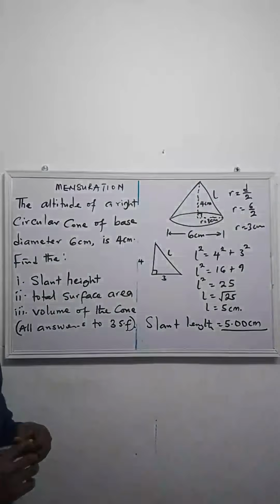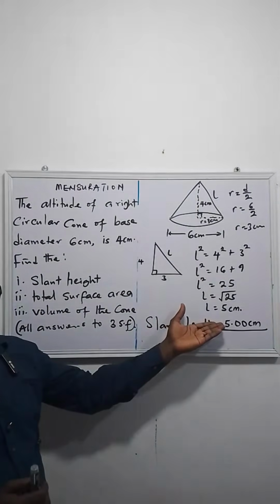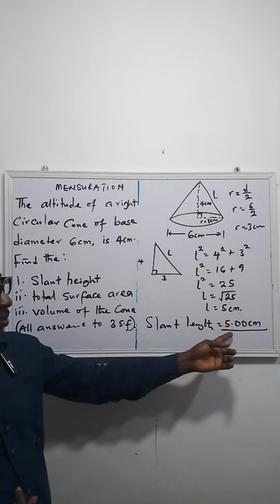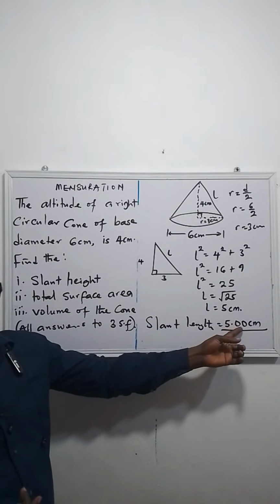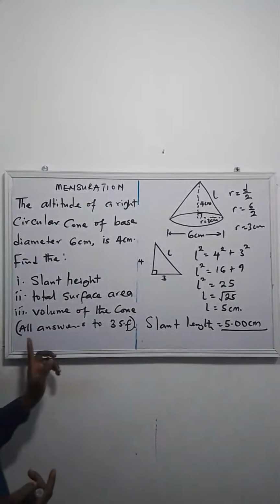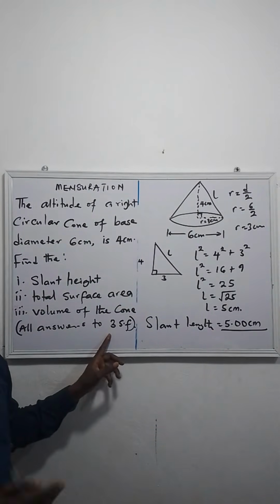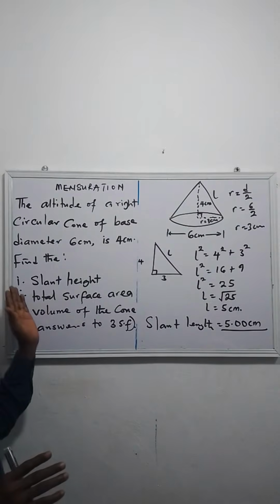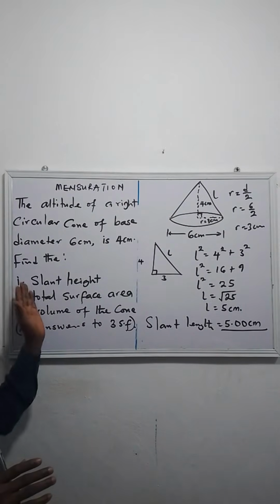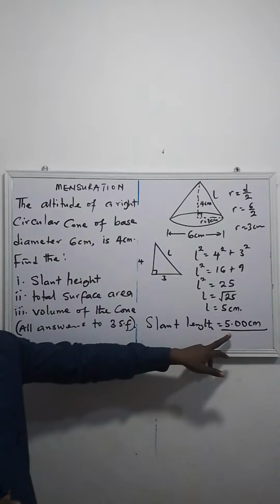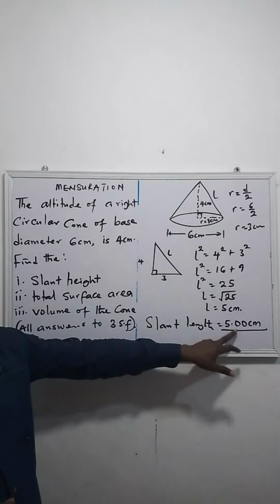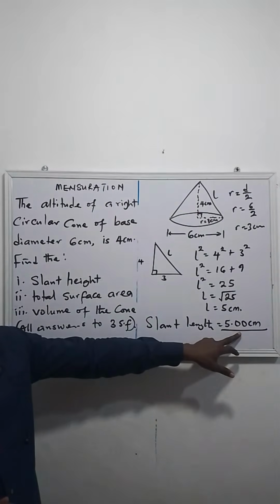All right. So many students will make the mistake. They'll say, okay, 5 is the same thing as 5.00 centimeters. The question says all answers to 3 SF without exception. So we have 3 answers here, and we must get 3 answers here. So the first one is this, and it must be expressed in 3 SF.